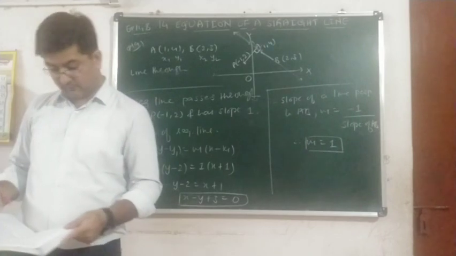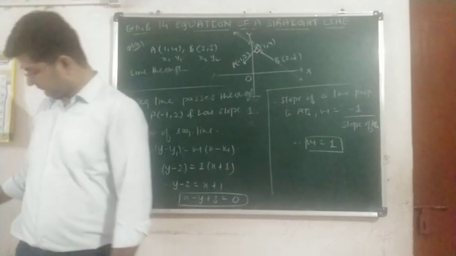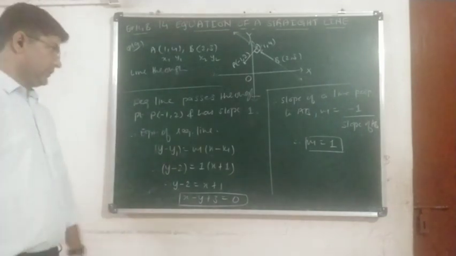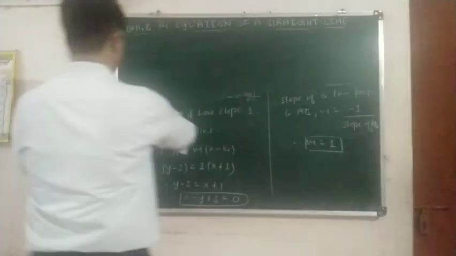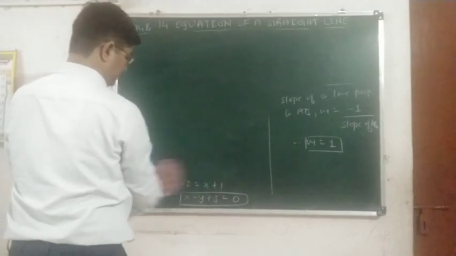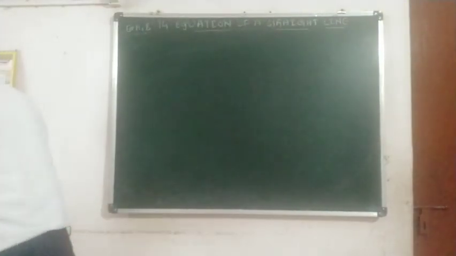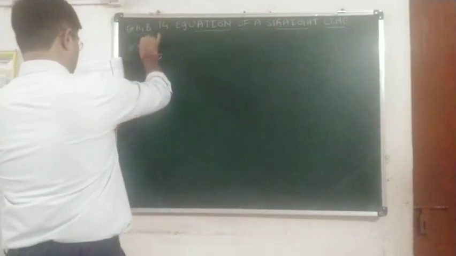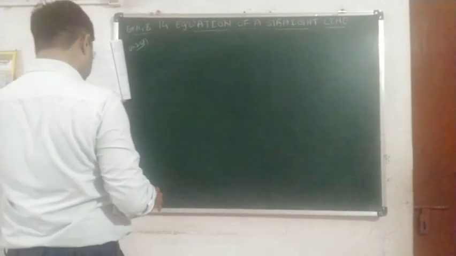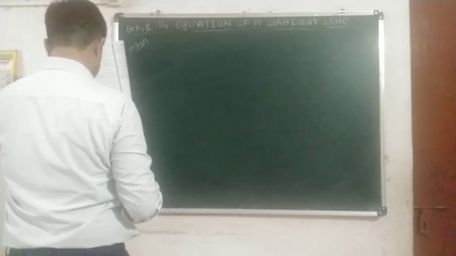Now let us solve question number 20. Find the equation of the line passing through the point of intersection of the lines.